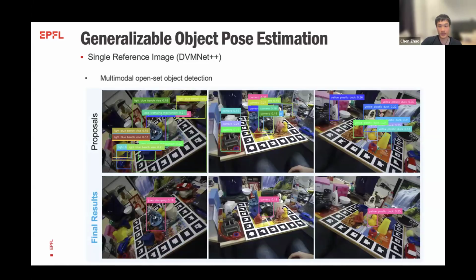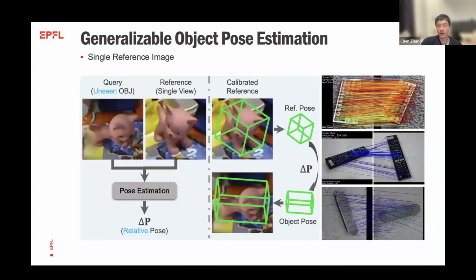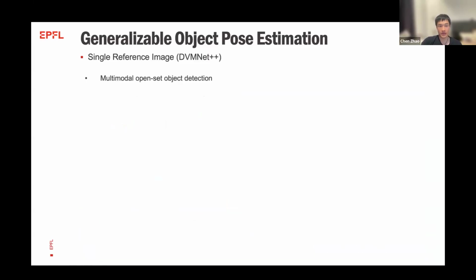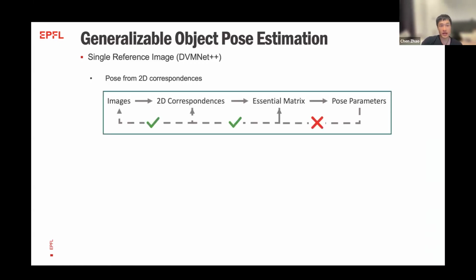And also, as I mentioned here, we cannot really rely on 2D correspondences to get the object pose, and there are lots of different regions. Here I'm only showing one of those regions because first it's very complicated to get the object pose from 2D correspondences, because this is a pipeline.